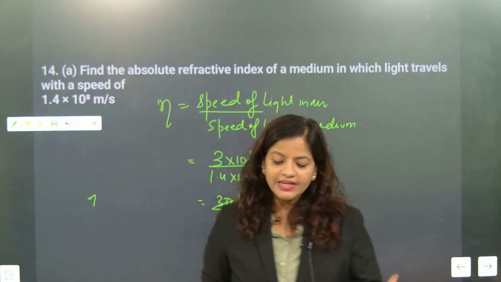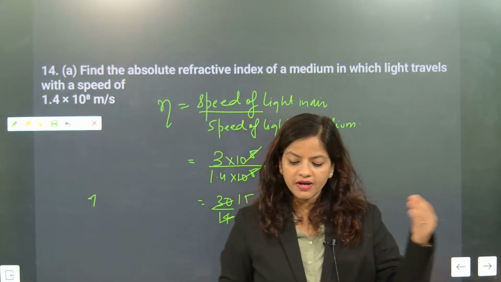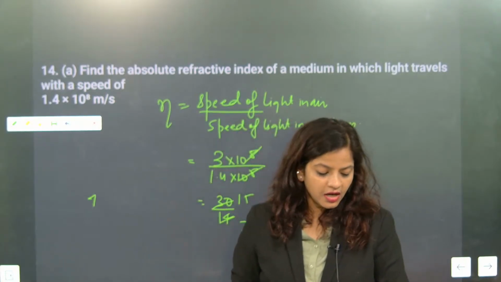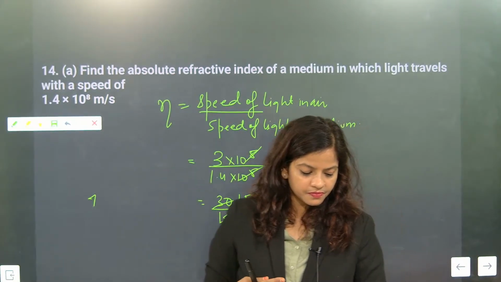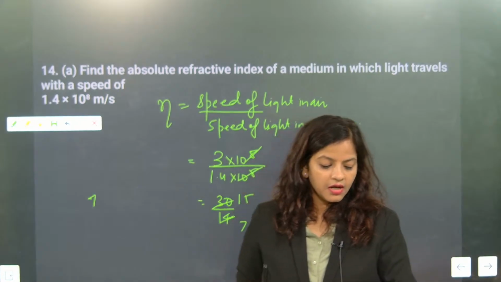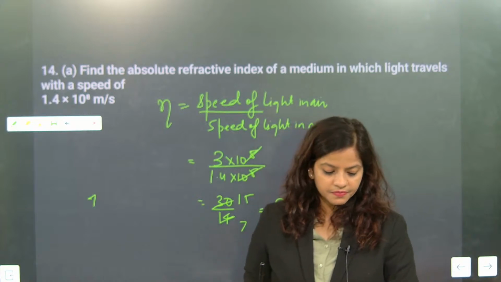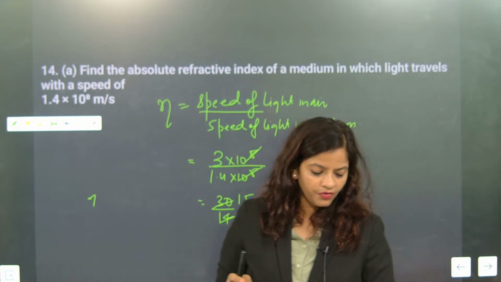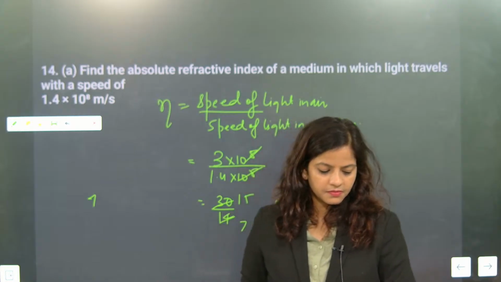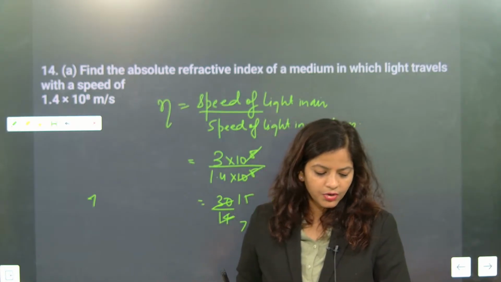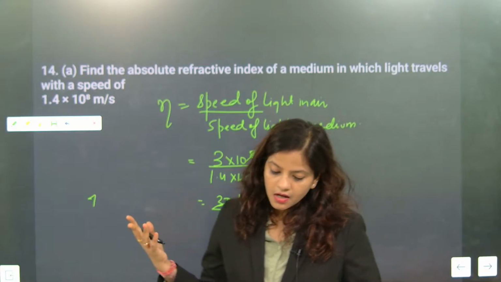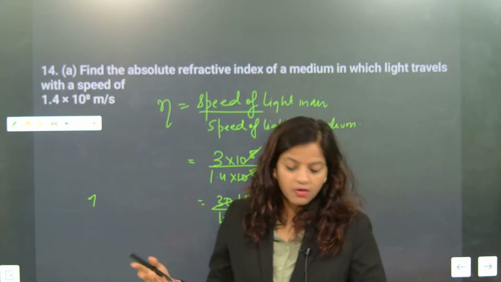How do we distinguish a medium to be rarer or denser?